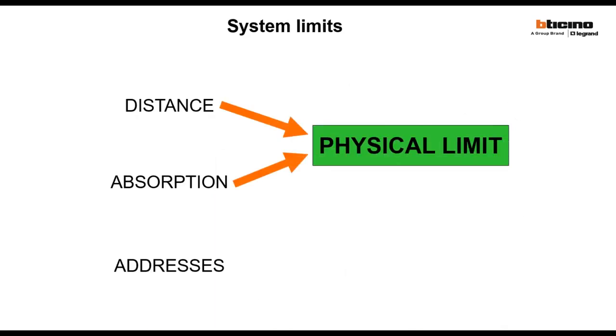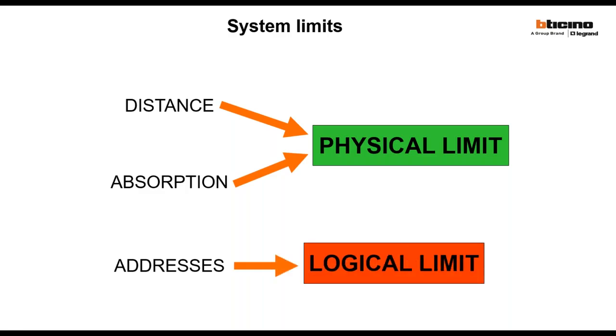So the limitations you have could be 2. One is the physical limit due to distance, more than 200 meters for each system, or absorption, because you put devices that need a lot of power, or you put many devices. The second limit you can have is the number of addresses.